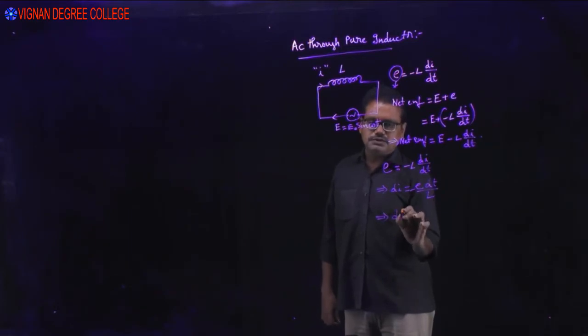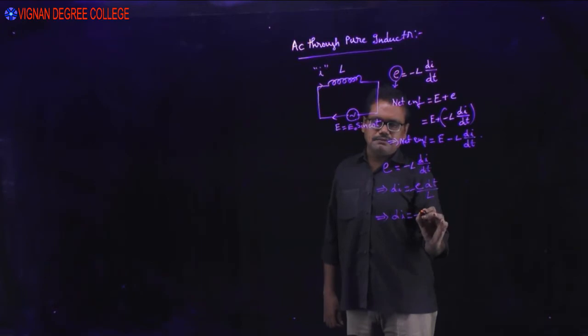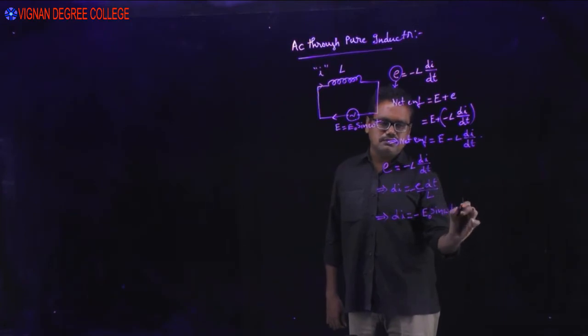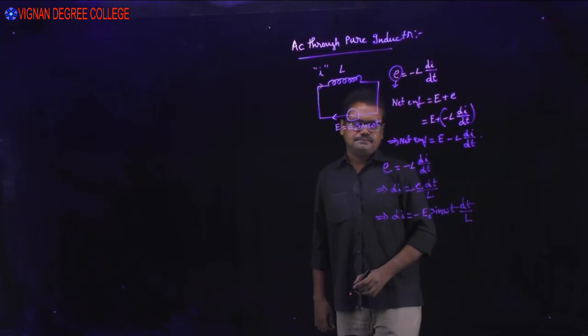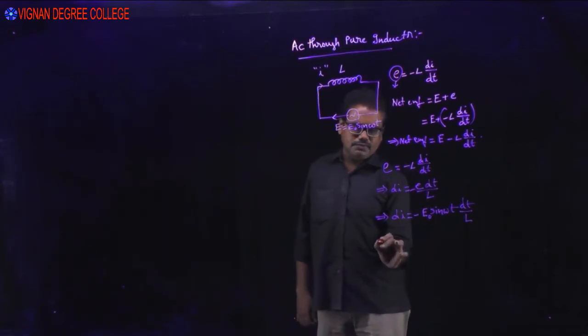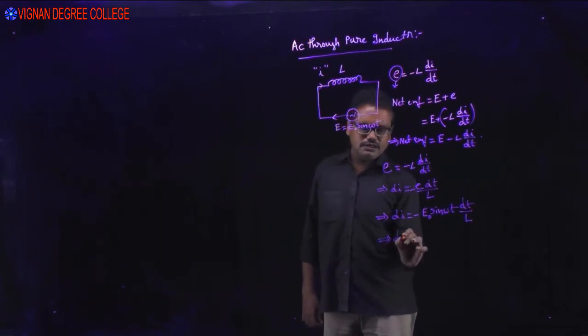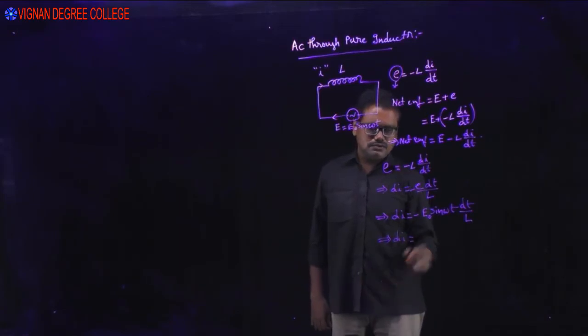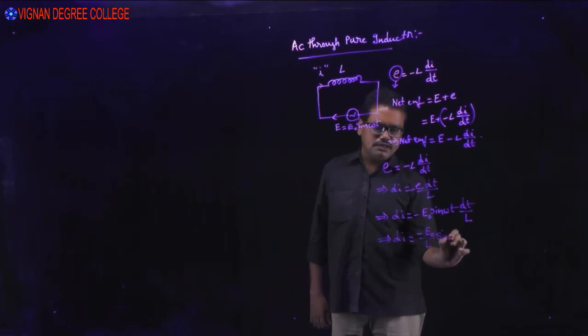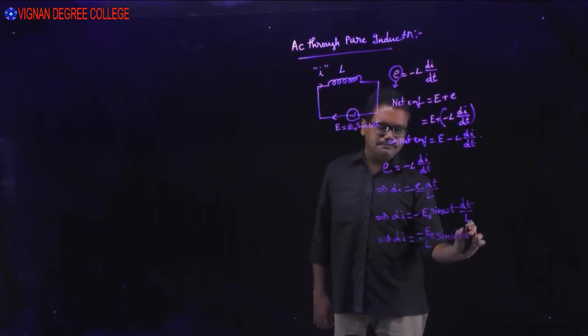If this induced EMF is considered to be the applied EMF E, then we can write E is equal to E naught sin omega t dt by L. That implies di is equal to minus E naught by L sin omega t dt.